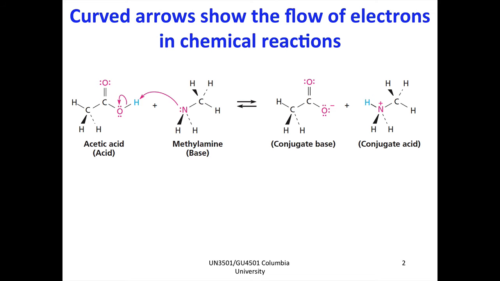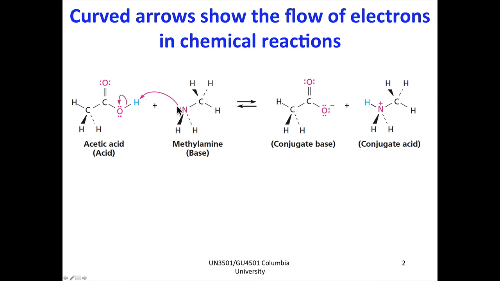So the curved arrow formalism in organic chemistry is used to show the flow of electrons. So when we talk about drawing a mechanism or proposing a mechanism for a reaction, we're talking about drawing the flow of electrons using the curved arrow formalism.